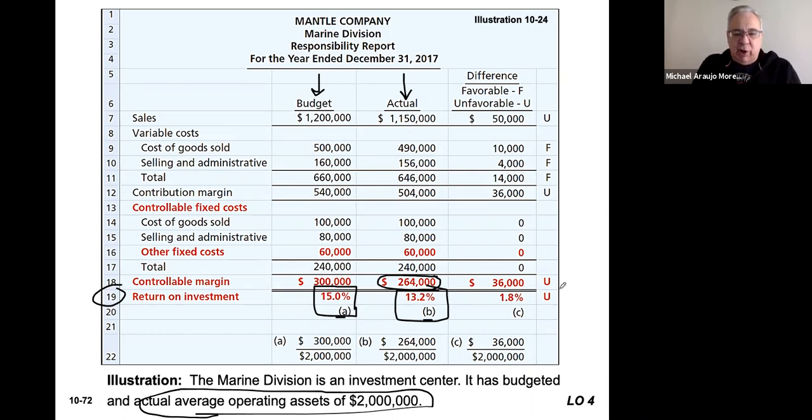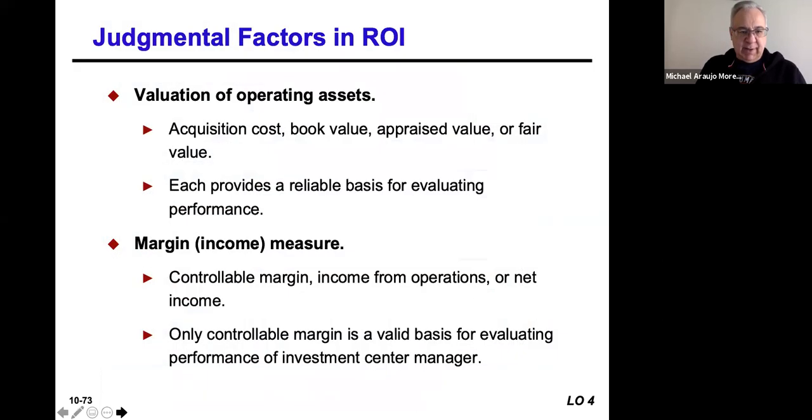So their actual ROI was unfavorable, right? 1.8% below where they thought it was going to be. Okay. That $36,000 difference divided by the $2 million of average operating assets. So this is something you're going to have to do to understand that.